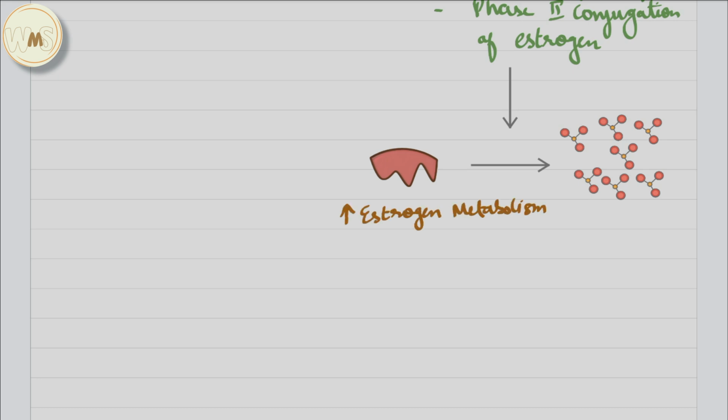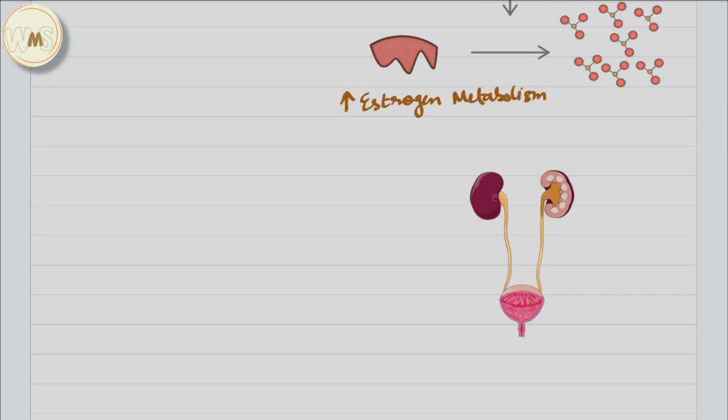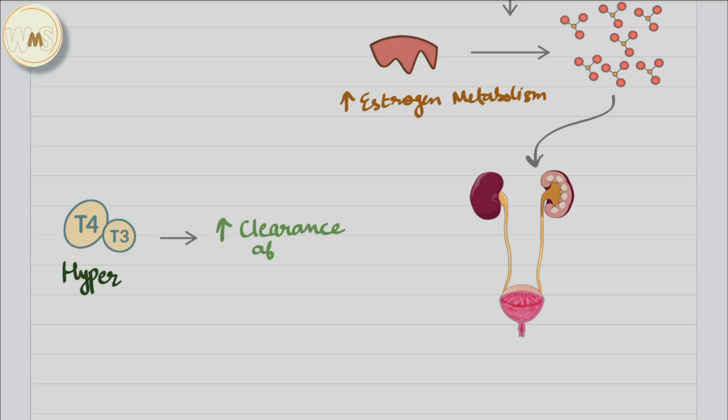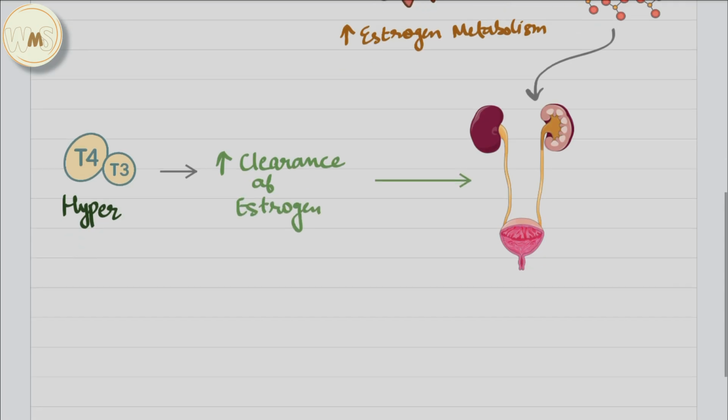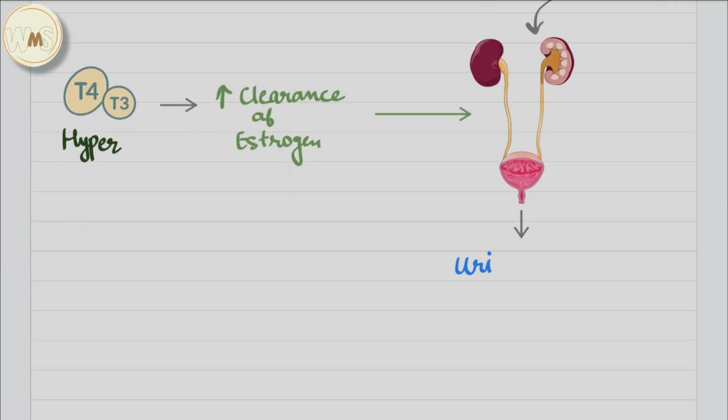That is, estrogens are made more water soluble for biliary and urinary excretion. So in hyperthyroidism, there is increased hepatic clearance of estrogen, resulting in increased urinary estriol and catechol estrogen metabolites.